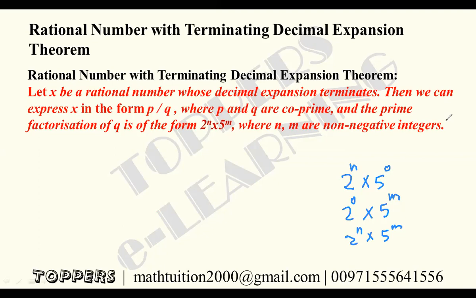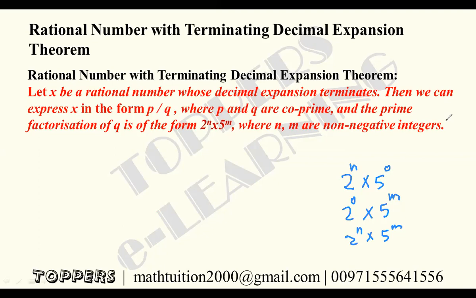So for any rational number, if its decimal expansion is terminating, then if you write that number in standard rational form and prime factorize the denominator, it will contain only 2, or only 5, or both 2 and 5 only.